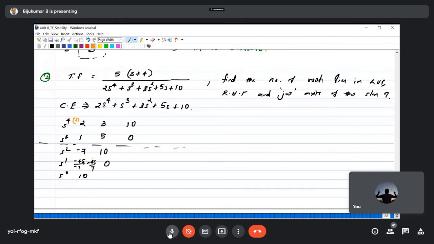Correct only, because you have to multiply this with this, right? So minus 35, again minus 10. So that means minus 45 divided by minus 7, so it becomes plus 45 by 7, right?